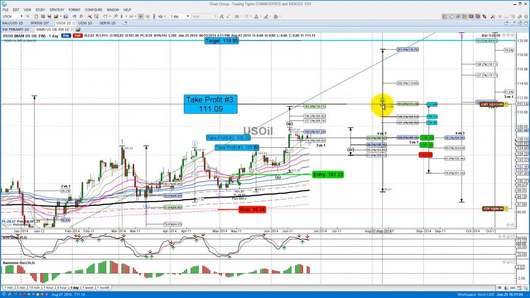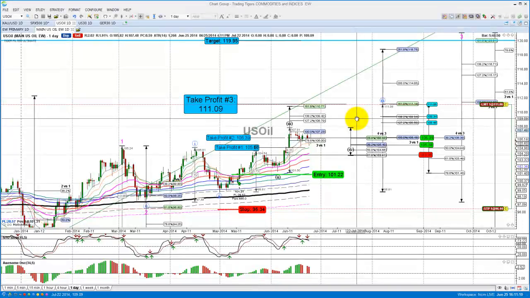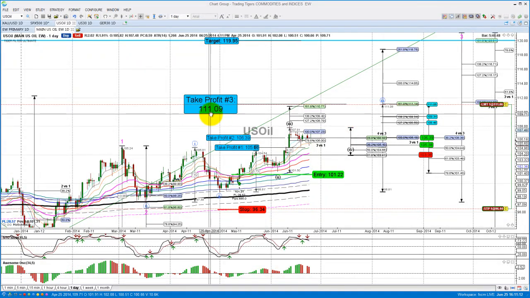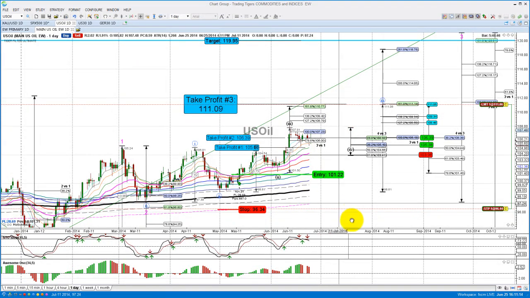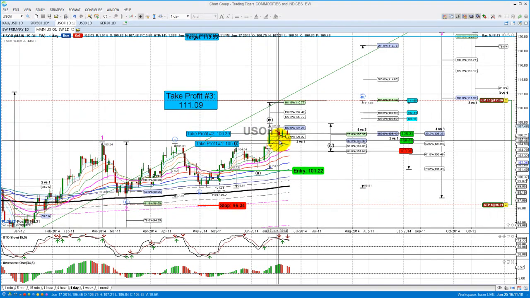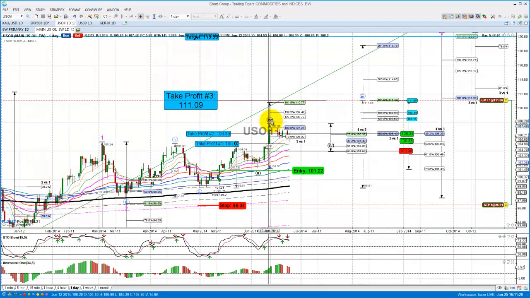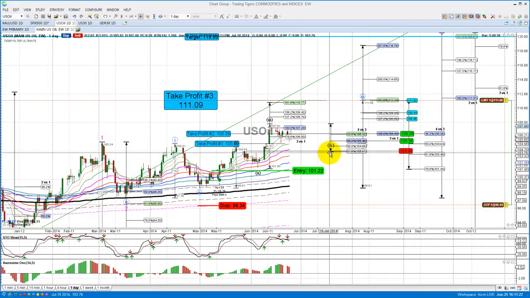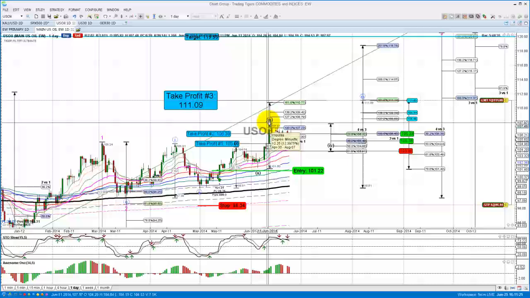Looking to target the end of wave 3 for the minute degree at this 161.8 level at 111.09. That will be a good enough stop exit for us, and looking to target its subordinate wave 4 entry point, and that's the minuet.